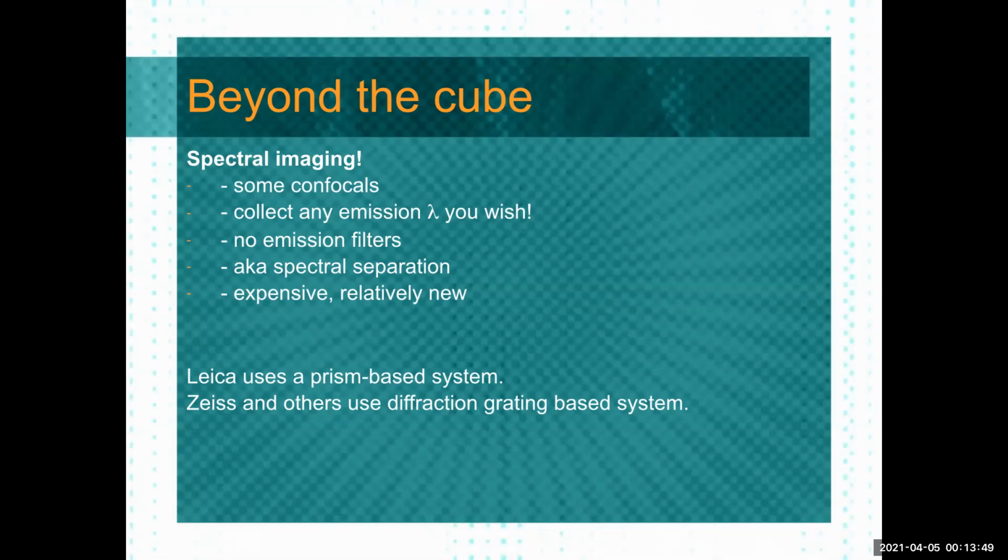About 10, 15 years ago, I'm trying to remember when, there were some innovations that came about that are known as spectral imaging. Now it's standard on any confocal microscope, basically. On the old confocals, you usually had a filter wheel or filter sets.